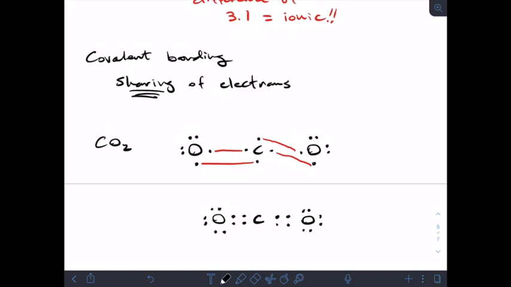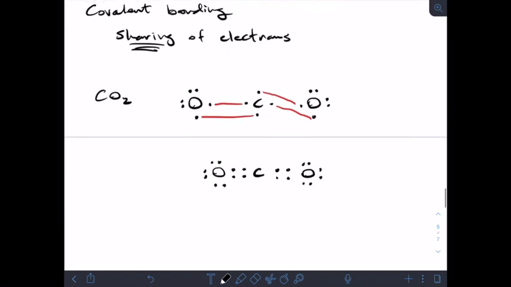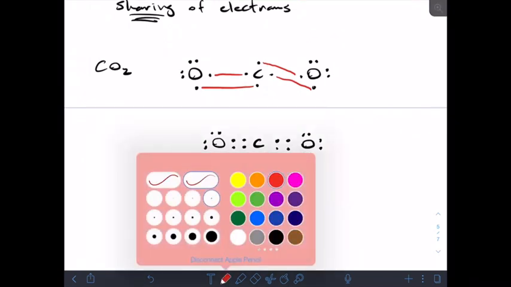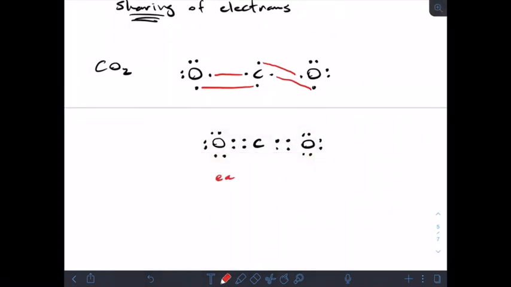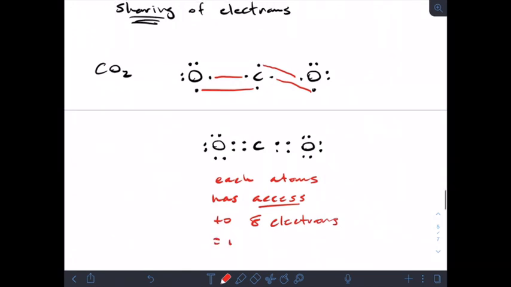Same number of electrons, but now I've drawn this a little bit differently. And the result is that each atom has access to 8 electrons. That's the important thing, because that gives us a noble gas configuration.